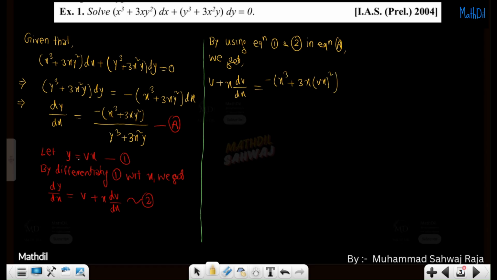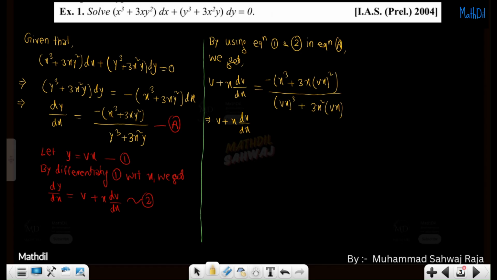See, I am doing nothing but just replacing. Instead of y, I am writing vx, right? By y cube means (vx) cube plus 3x square into vx, right? Now just simplify it. What will you get? You will get v plus x into dv by dx.